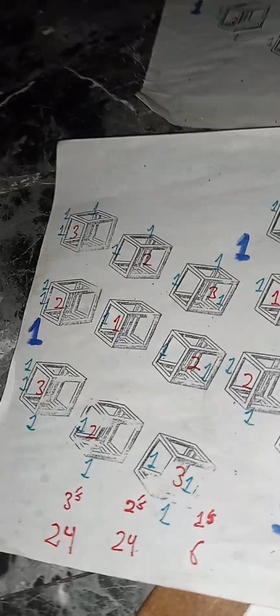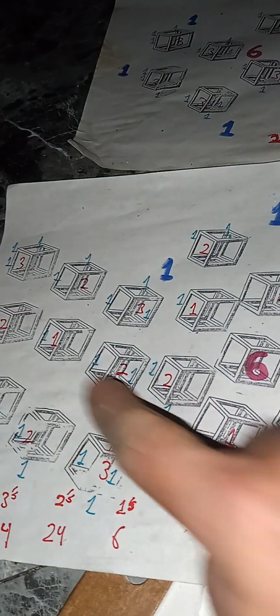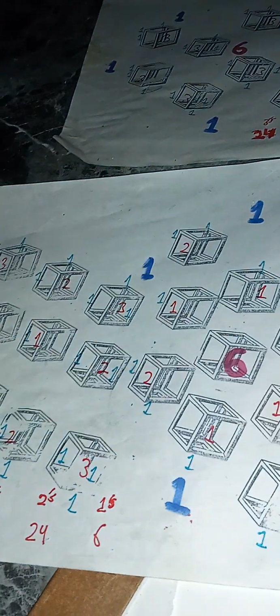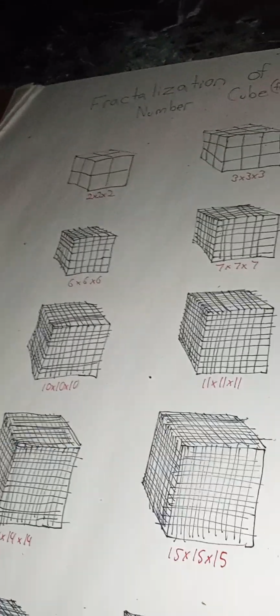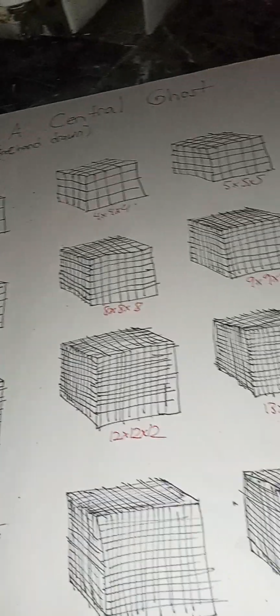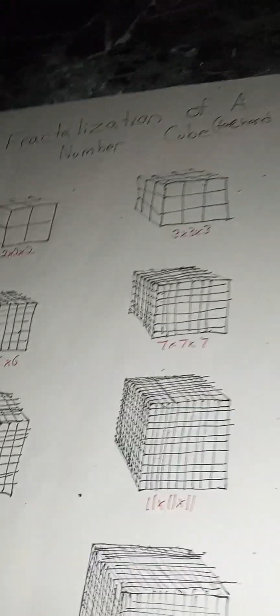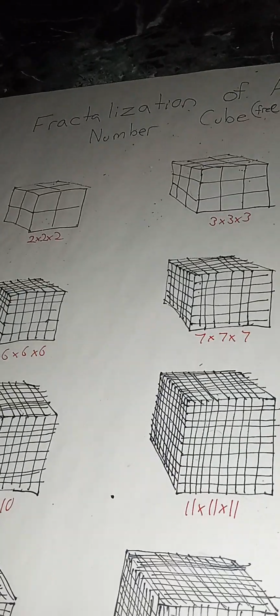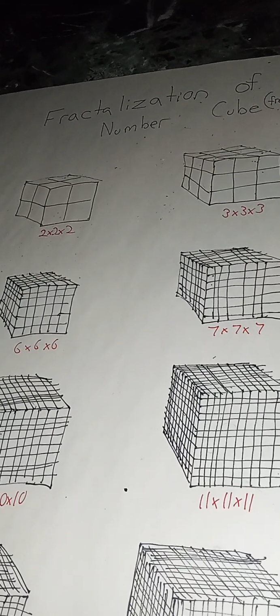And I've noticed that the corner fractal cubes never change, while the face and the edge cubes do change in relation to each other in the corner cubes. And this is a fractalization of a central ghost number cube. And if you remember, all ghost numbers can be considered the central ghost number to a new magic ghost number cube.